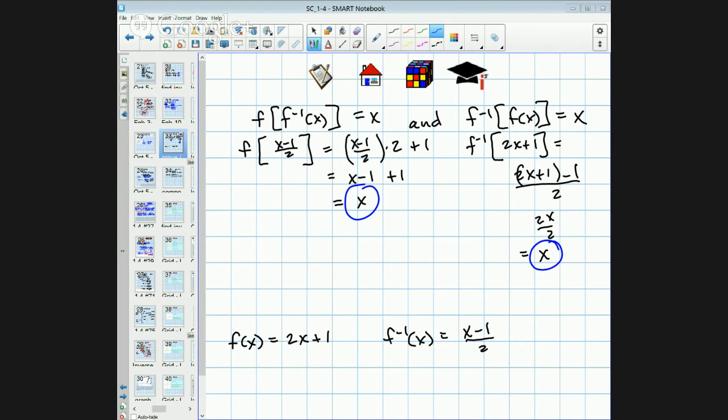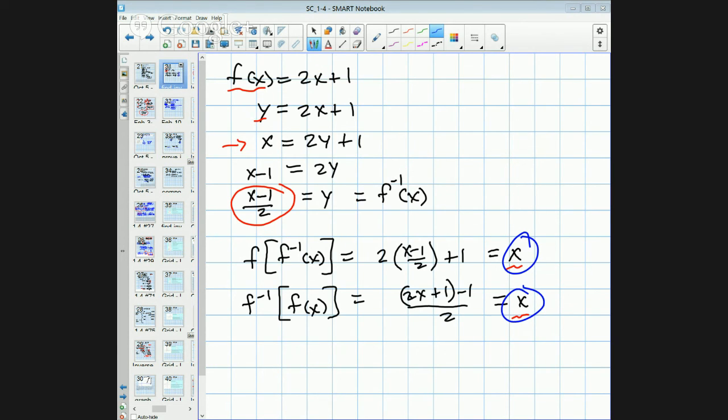That proves that these two are inverses. Somewhere along the line, we found the inverse, and it does check out.